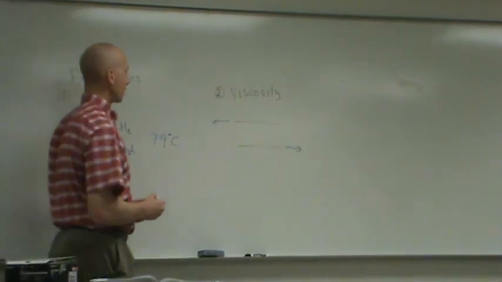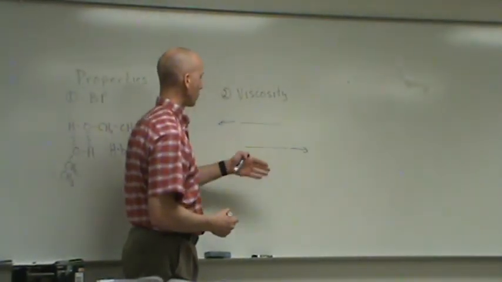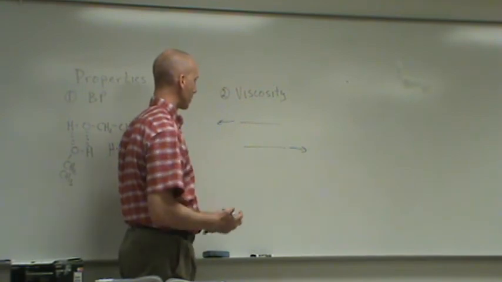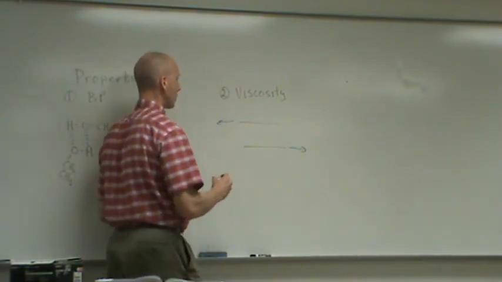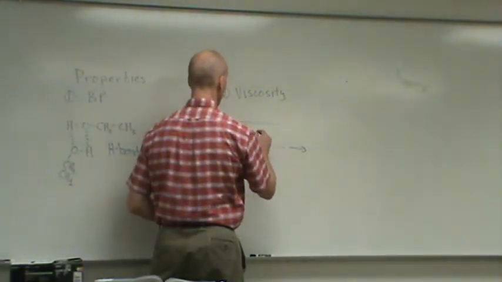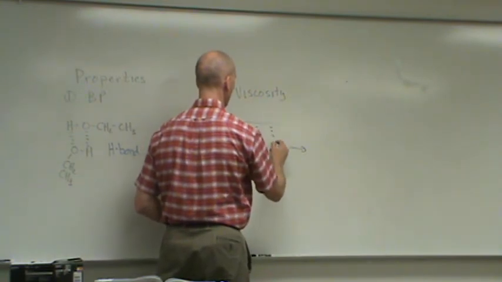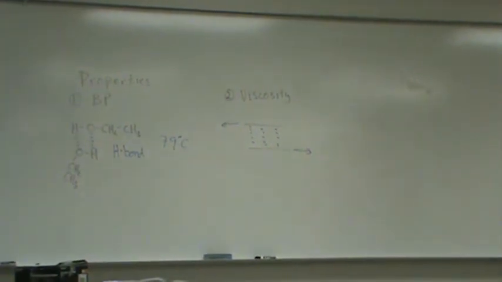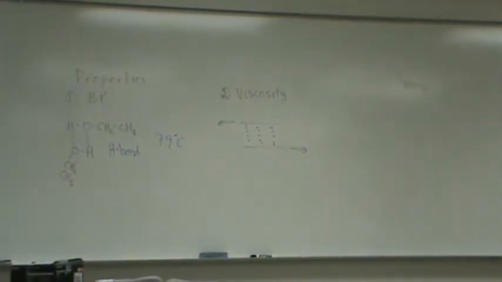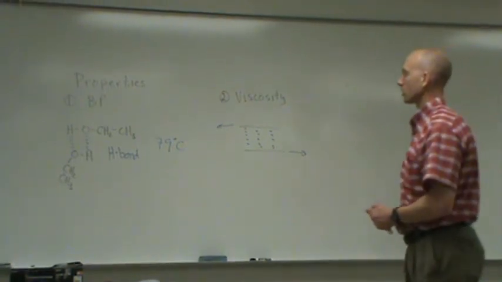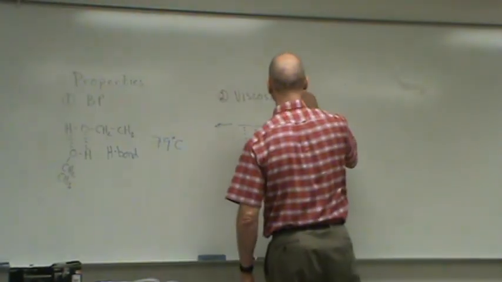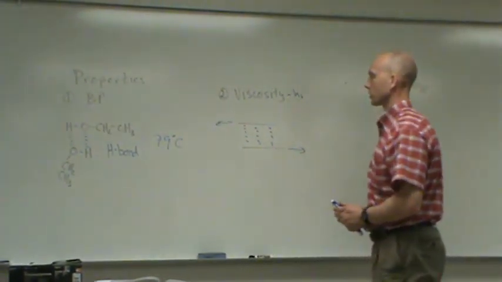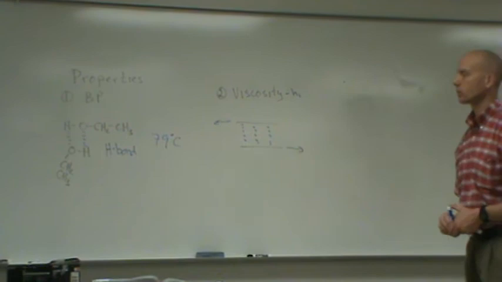So the more difficult it can do it, the higher the viscosity is. Well, what's going on between them? We got what? Hydrogen bonding there, don't we? So you think that's going to make the viscosity high or low? High. Okay. So alcohols tend to have high viscosities with them.